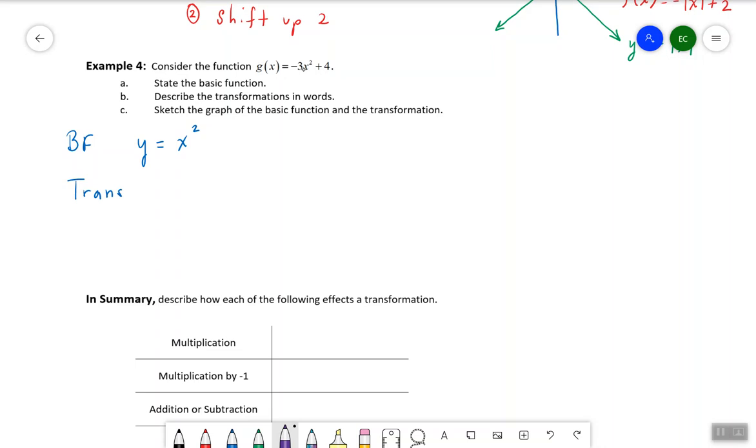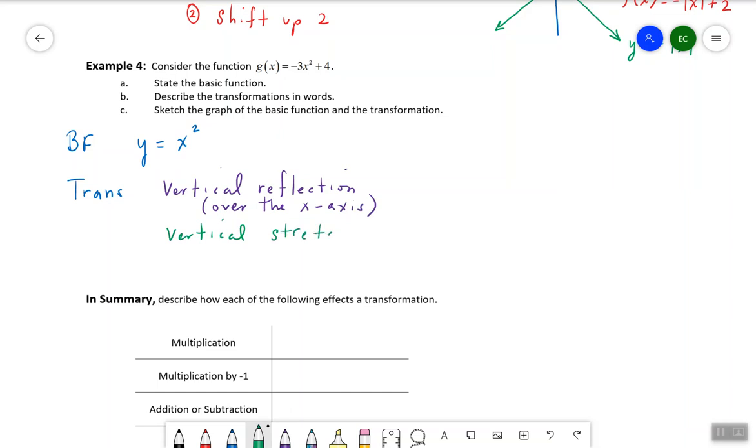You're multiplying by -3, but you know that's 2 different transformations, right? Multiplication by -1 is a vertical reflection, that's over the x-axis. And then multiplication by 3 is a vertical stretch.